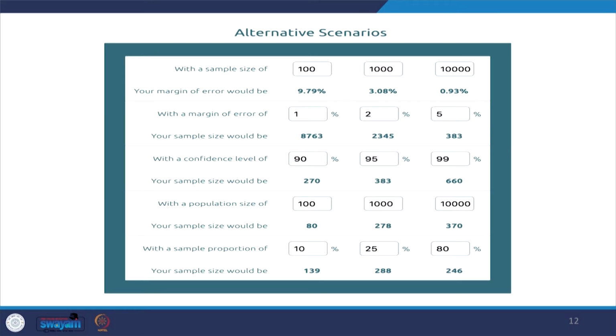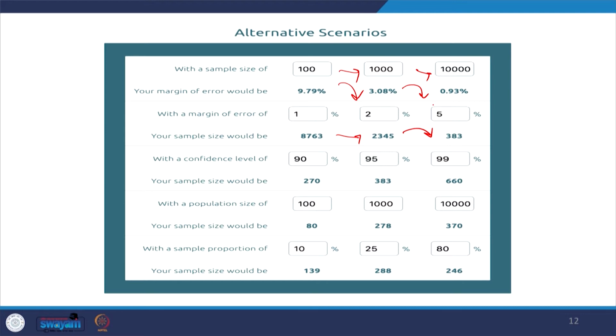Some alternative scenarios to calculate sample size are where the sample size is 100, then 1,000 and 10,000. Your margin of error would be expected to be lesser. On the contrary, when your margin of error is higher, you may be supposed to take a smaller sample size.